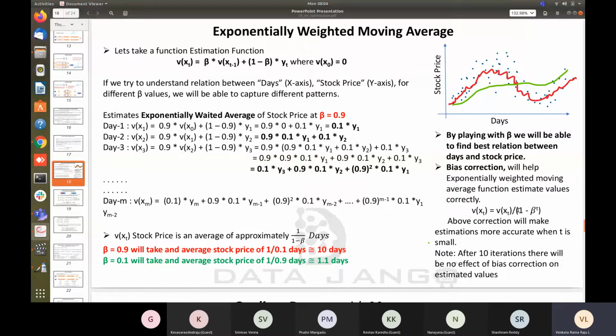But if you use this formula, V of xt is equal to this formula divided by 1 minus beta power t, right? Even this one will also be correct. Substitute that here. Let me take a screenshot and explain.